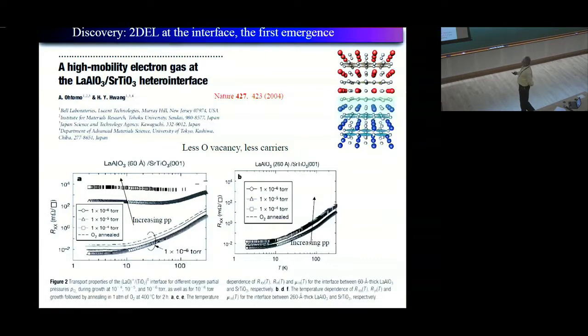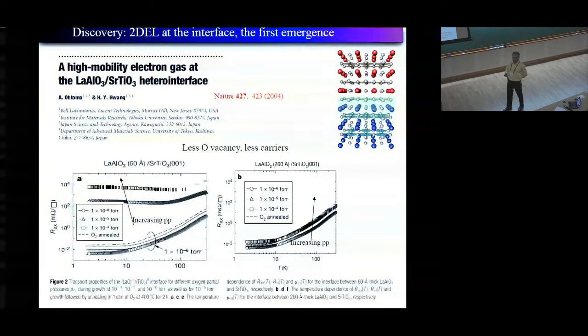Another interesting thing they observed is that the better you make the sample, the worse it gets as a metal. It's just the opposite of what you normally see. It's sometimes called an insulating state by annealing, whereas normally you expect annealing to produce a metallic state. Here it's just the opposite. You anneal with higher oxygen partial pressure, make better and better samples, and you get less and less good metal.